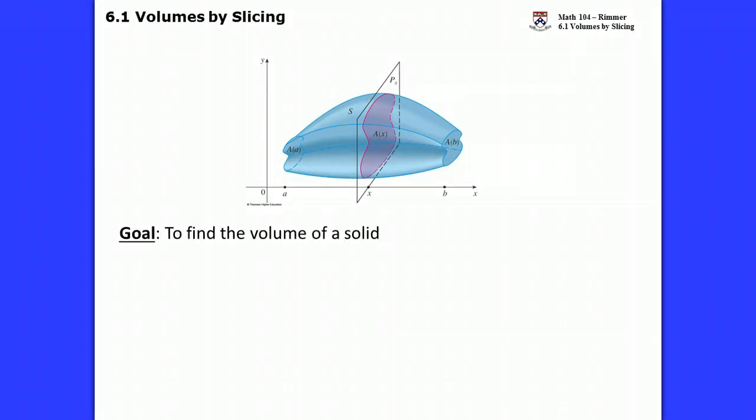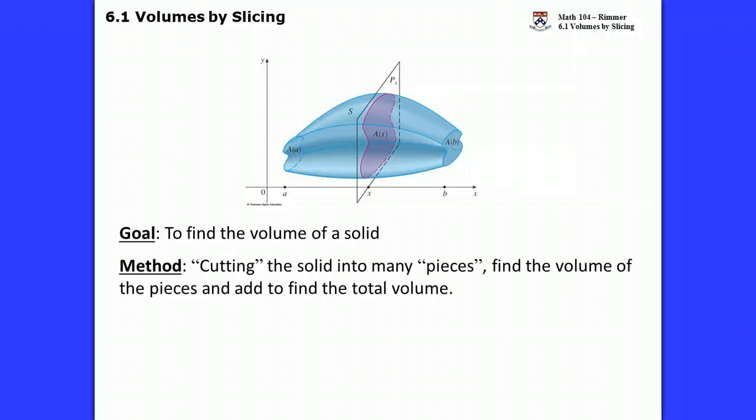And we want to find the volume of this solid. So we're going to cut it into many pieces, and we're going to find the volume of each piece, and then after that we can add all of those individual pieces up to get the total volume. Okay, we'll treat these pieces as cylinders.